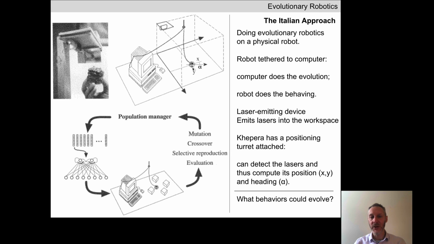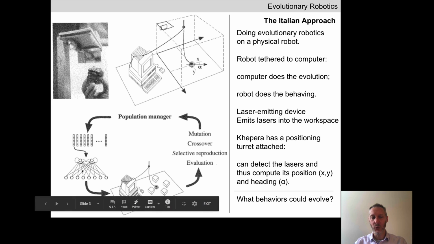They took their Khepera and they put it on top of a table. They tethered the robot to a computer. The computer is going to run an evolutionary algorithm, which is going to try and find the weights that connect the 64 photoreceptors to the two wheels, to the two motors.